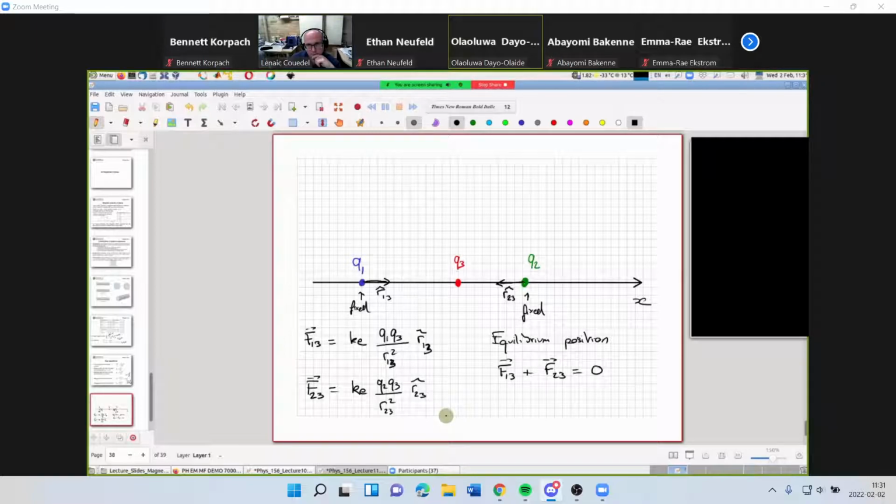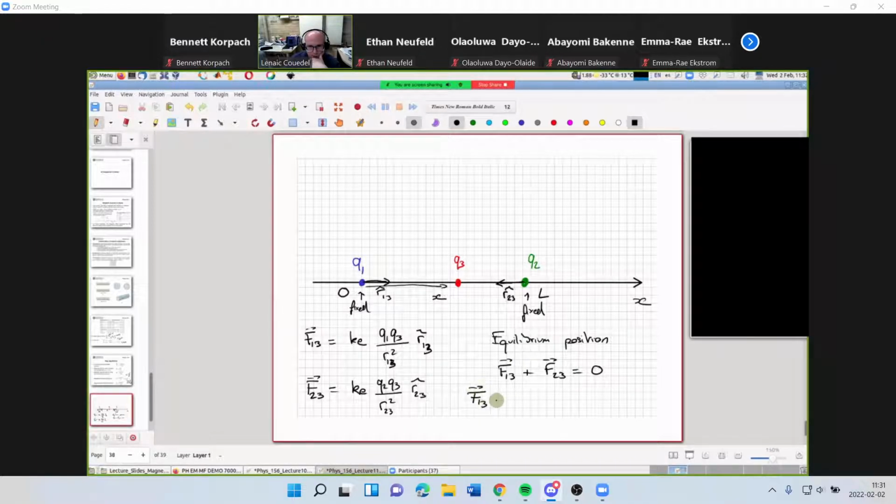So if I put my charge Q1 at 0, my charge Q2 at capital L, and I call the distance from 0 to Q3 x, then I can rewrite this. The force will only be on the x-axis, obviously. So I have my F13.